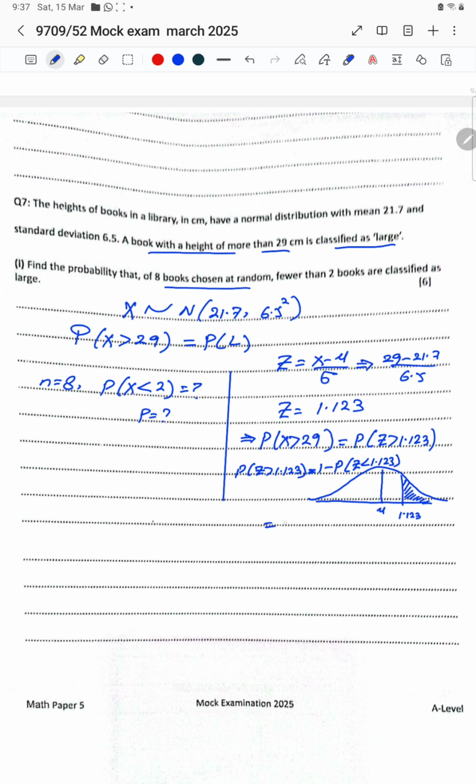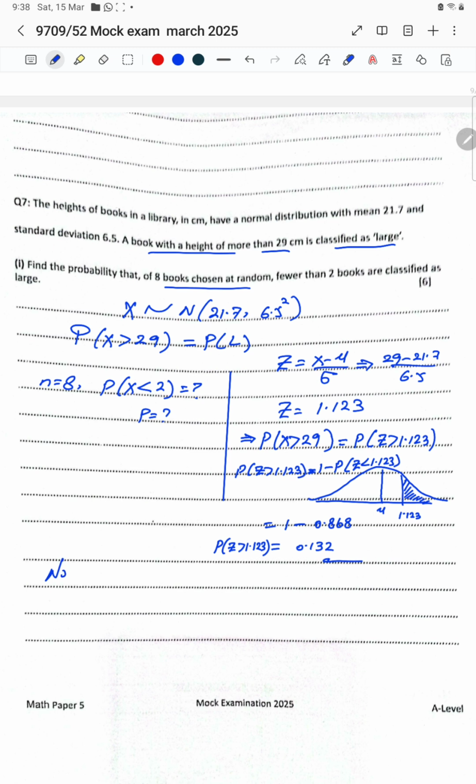As per rule, from the z table, we will see 1.1 in the row and add the difference of 3. Okay, let me repeat it. You will see 1.1 in the row and then add the difference of 3. We will get 0.868, and after subtracting it from 1 we get 0.132. That is the probability of the standardized variable z greater than 1.123. That's the answer. This comes to be the p here.